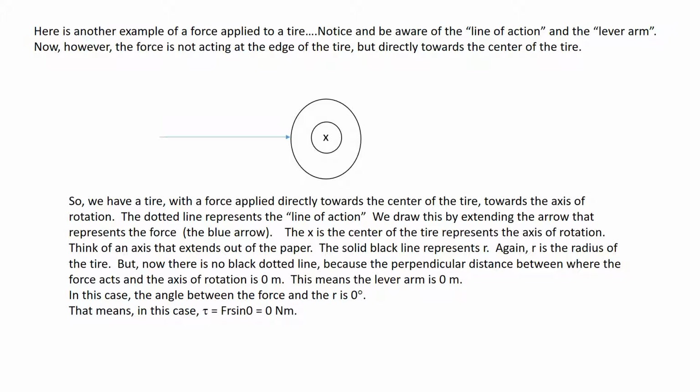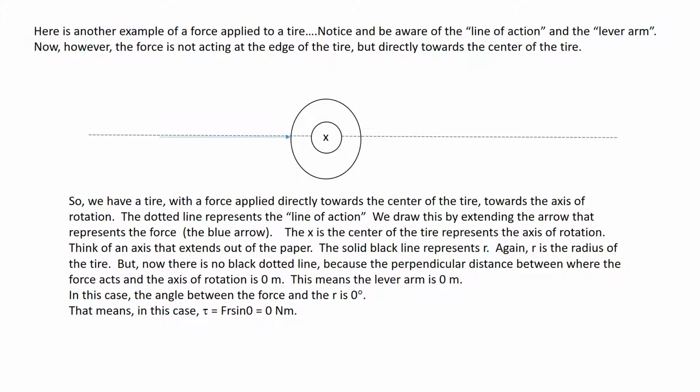Another way to say this is by drawing in the line of action. Notice that the line of action goes directly through the center, or the axis of rotation. That means my lever arm is actually going to be 0. There's no distance between where the line of action acts and where the axis of rotation happens to be. That means the radius is still the radius of the tire, but now the lever arm happens to be 0.